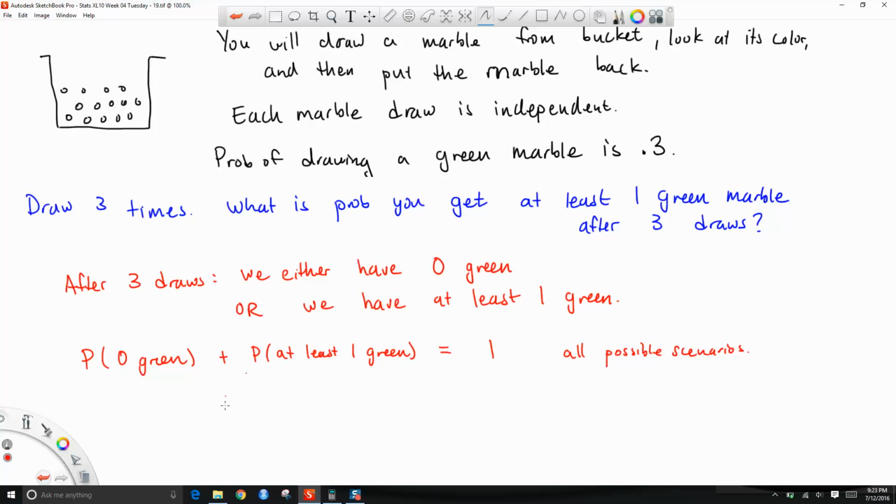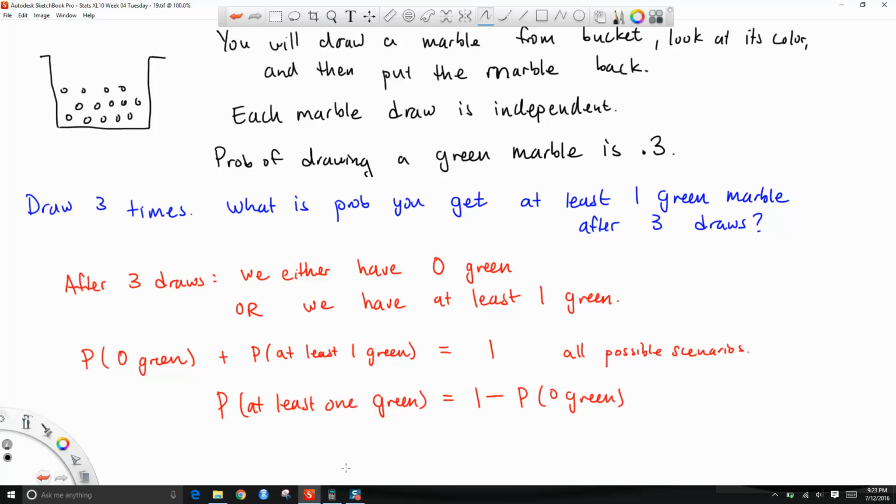So if I want the probability of at least 1, I can say the probability of at least 1 green is equal to 1 minus the probability of 0 green. Is that okay? Because again, there's only 2 possibilities.